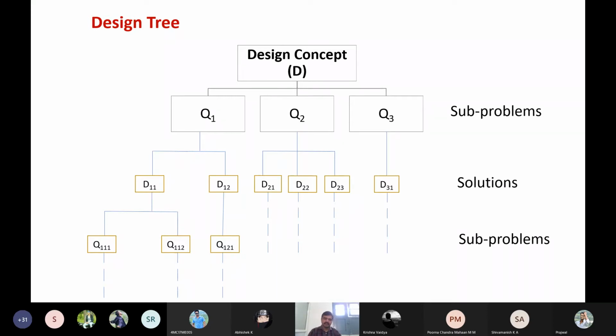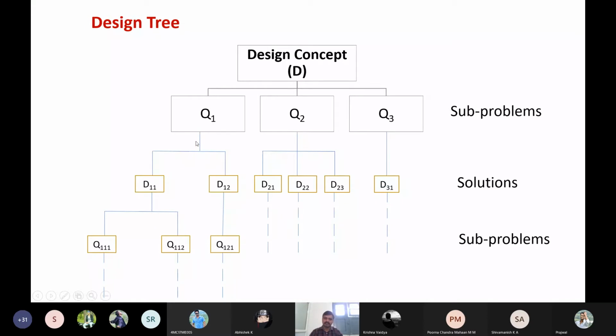In previous chapters, we discussed the morphological table of kerosene stove. Kerosene stove design problem was divided into how many sub-problems? 4. Okay.